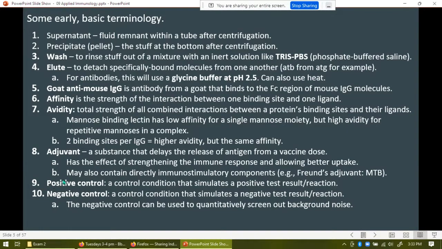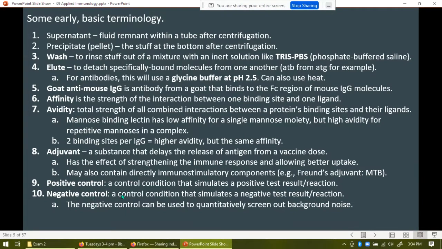A positive control is something that you're going to run when you do a test. It's a control condition that simulates a positive test result or test reaction. For example, if we're looking for an antigen, we're going to include a positive control of that antigen in a separate reaction. A negative control is a control condition that simulates a negative test result or reaction.